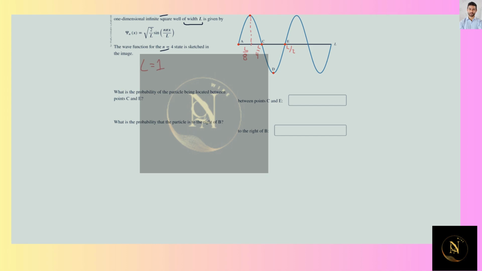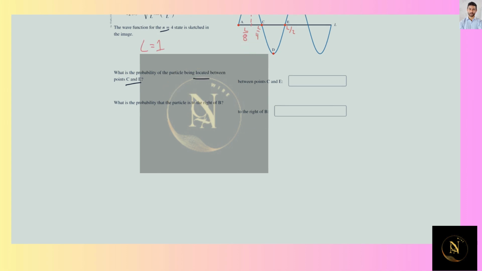We want to know the probability of the particle being located between points C and E. In general, for any probability, this is equal to the integration from point A to point B of our wave function multiplied by the complex conjugate.